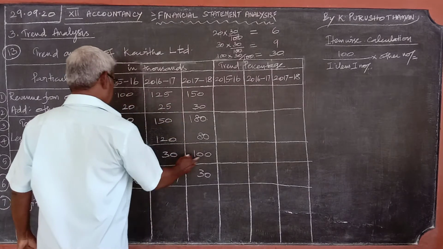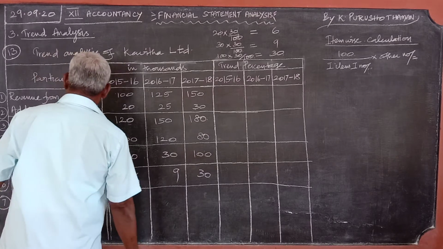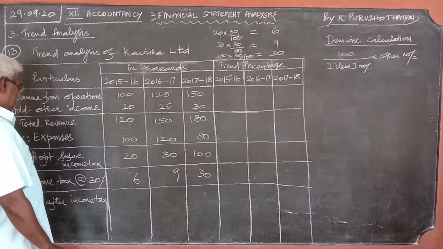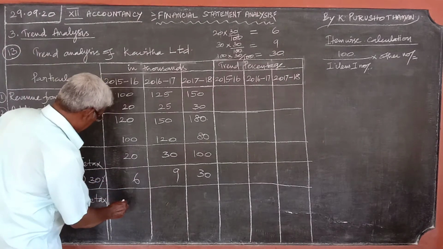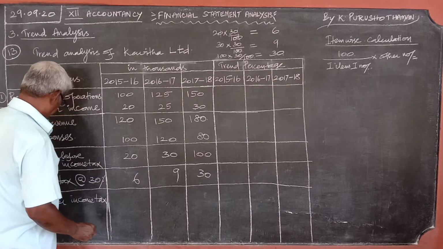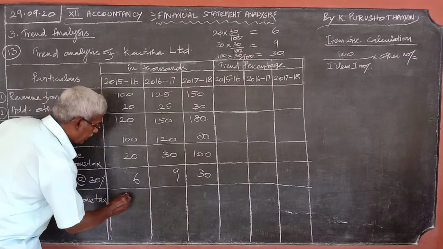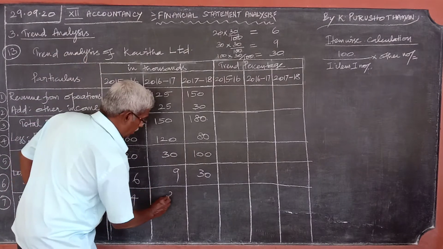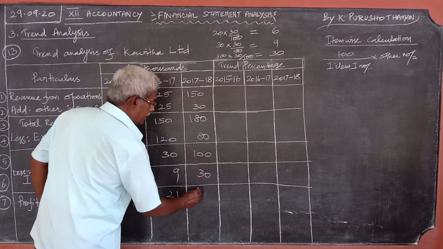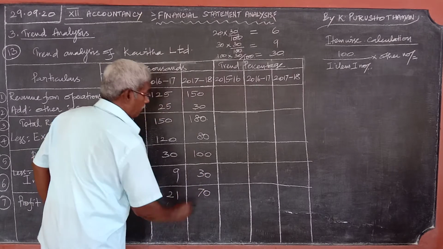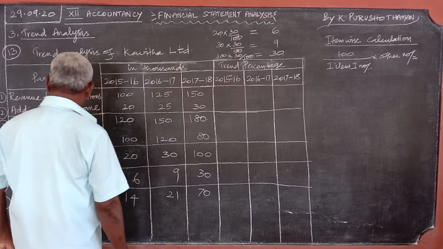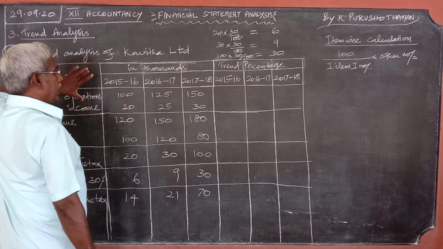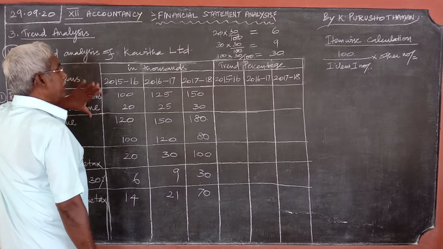So these are all the amounts, and from the profit the income tax is paid. After paying the income tax, what is the excess profit? That is profit after income tax. This is 14,000. This is 21,000. This is 70,000.